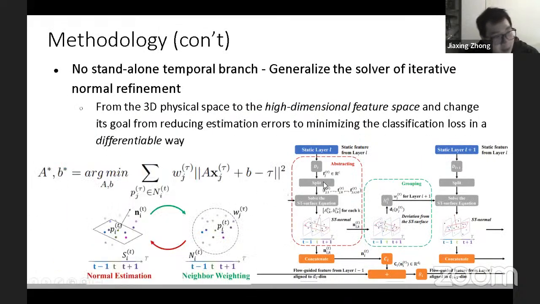However, in the feature space, in each step, we need to do this alignment from the static part to the dynamic part. So the D here is to change some. We can view this as the encoder to change the static features to the dynamic domain. Yeah, that is a 1D convolution in practice.